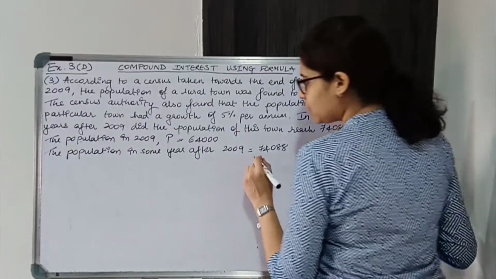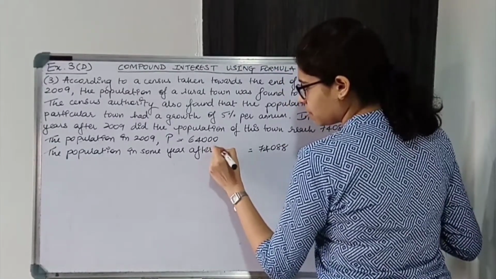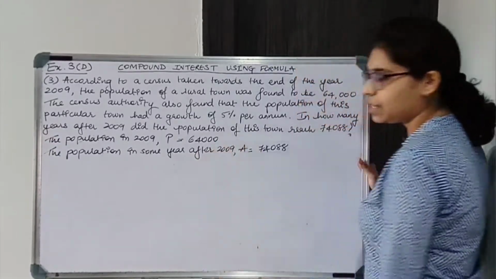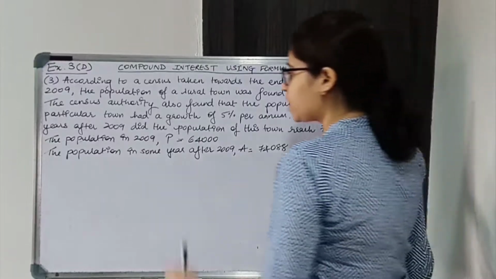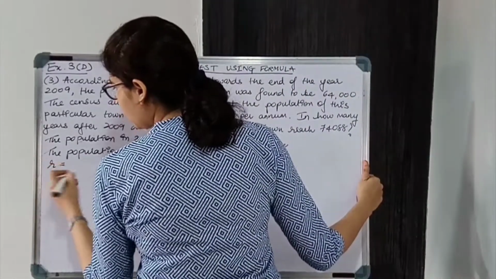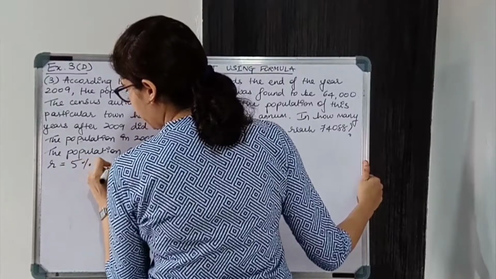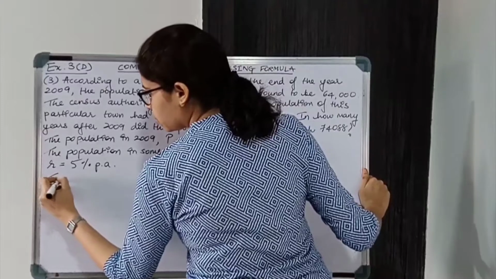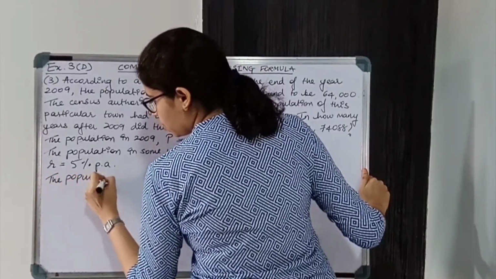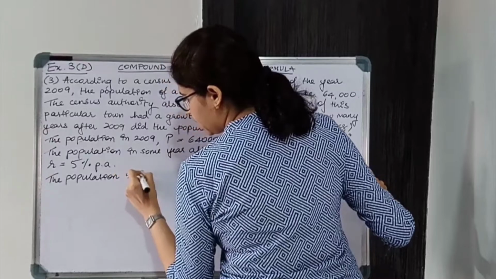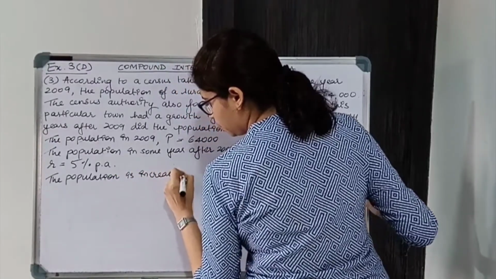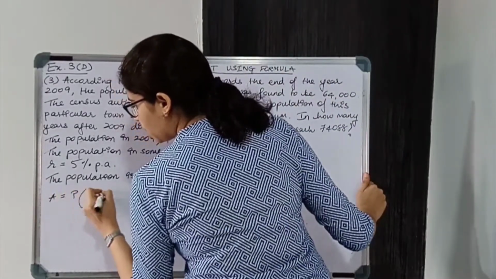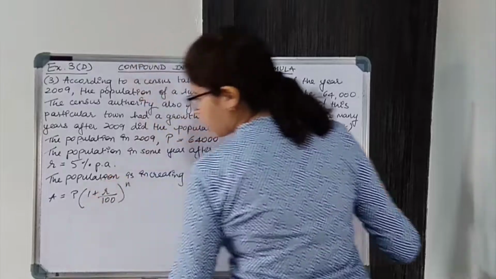So that is A is equal to 74,088. So P, A and R are given to us, R is 5% per annum, and we are told that the population is growing. So just write down the population is increasing.